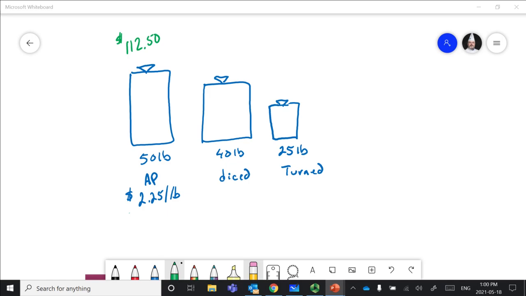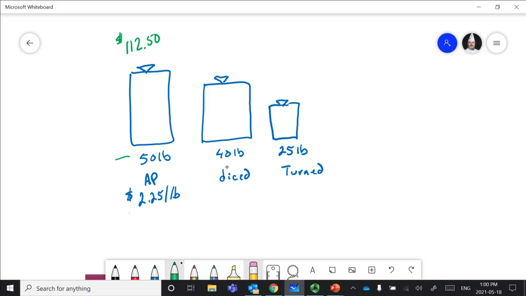So if you look here, I've drawn in blue my beautiful drawing of a bag of carrots, right? So we bought a 50-pound bag of carrots for $2.25 per pound. So $2.25 times 50 pounds, we paid $112.50 for this bag of carrots. So what we did in our kitchen is we peeled, trimmed, and diced them, and we were left with 40 pounds.